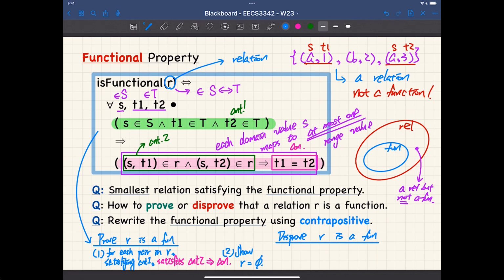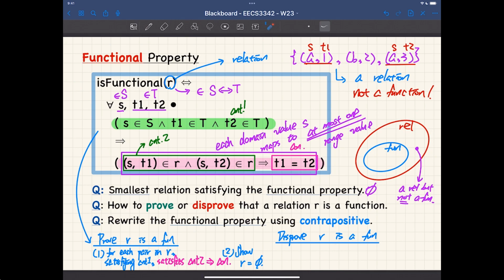In that case, you cannot find any pair that will violate the property of function. In that case, it's a function. So that will correspond to the answer of the first question. What will be the smallest relation satisfying the functional property? Empty relation. Okay? So an empty relation is considered as a function, always. It's simply because you cannot find any witness to prove otherwise.